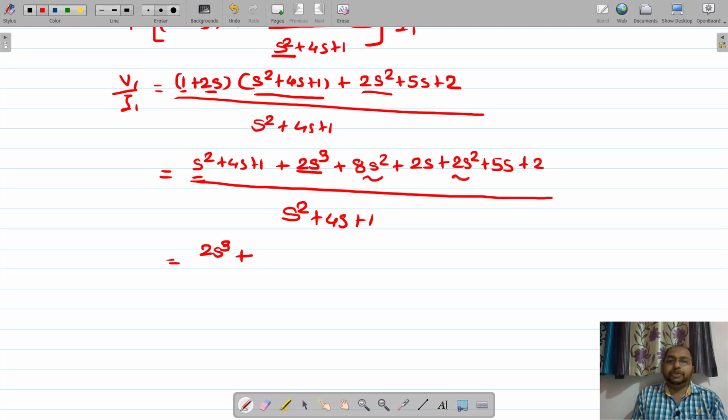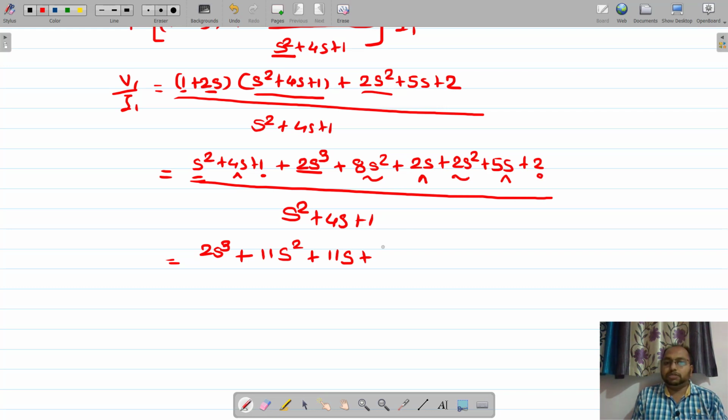So 2 plus 8 is 10, 10 plus 1 is 11s square, and finally s, 4 plus 2 is 6, and this is also 5, so 11s, and finally this is 1, 1 plus 2 is 3, right?